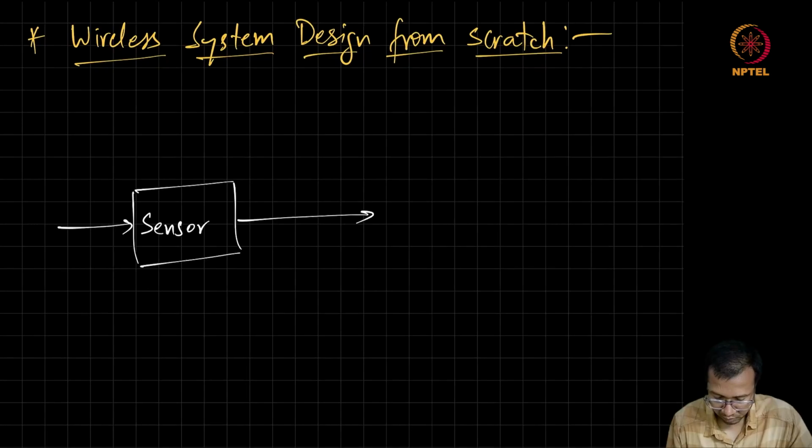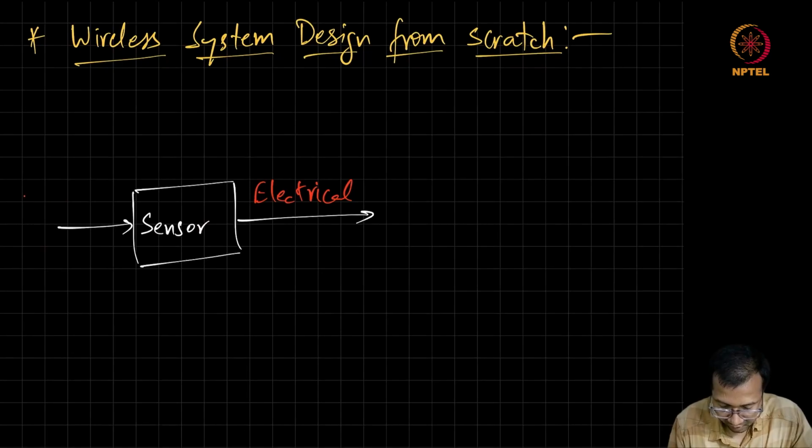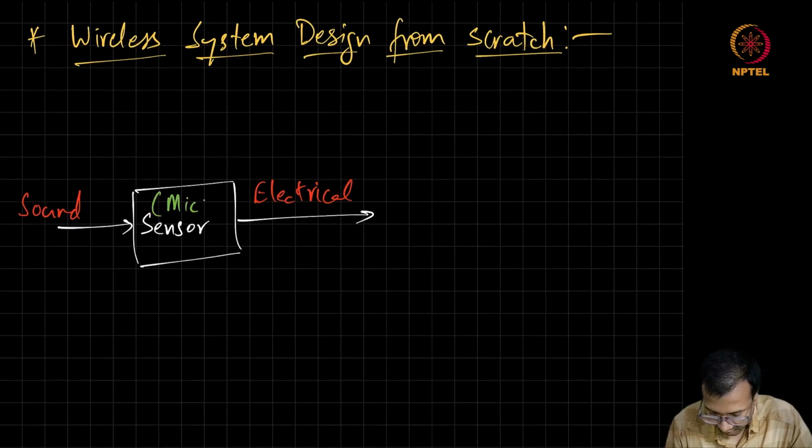The output of the sensor block is going to be in the electrical domain, and this can be any physical signal. In our case we can take the example of an audio system, so the sensor effectively is a microphone.